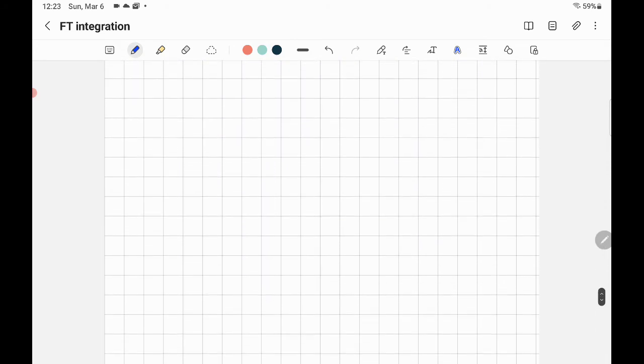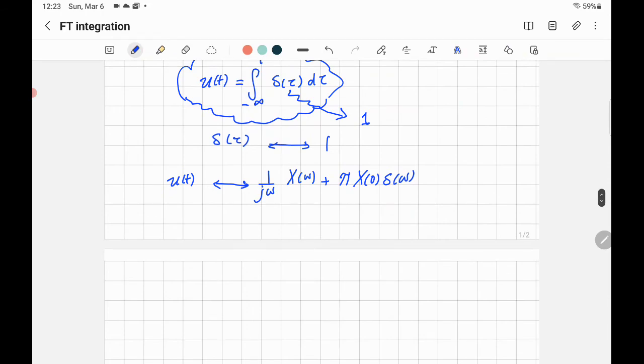Okay, let's continue. X of omega is equal to 1, so it will be equal to 1 over j omega times 1, plus pi X of 0. But what's the value of X of 0? It's equal to 1, because the Fourier transform of delta of tau is 1, just a constant everywhere.